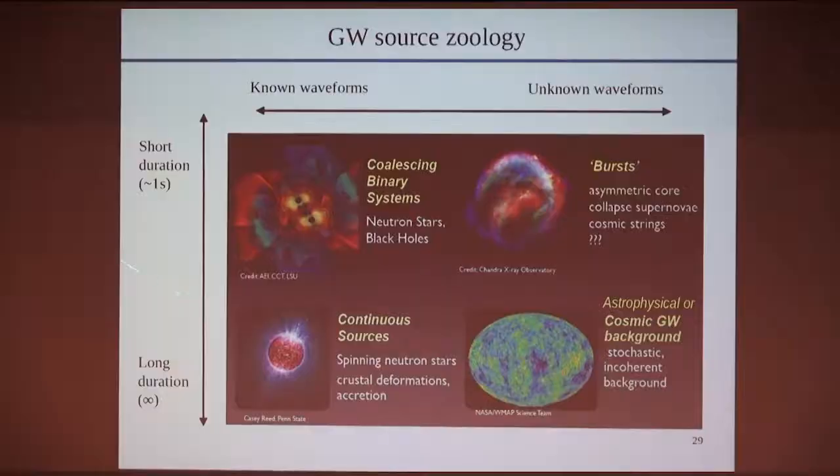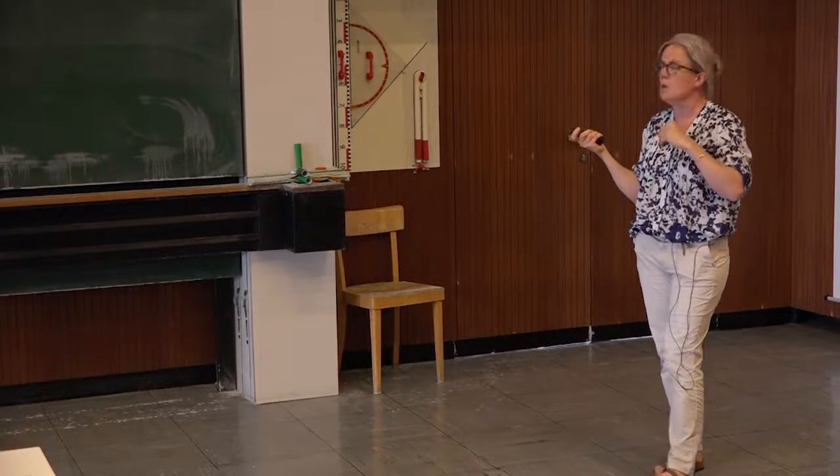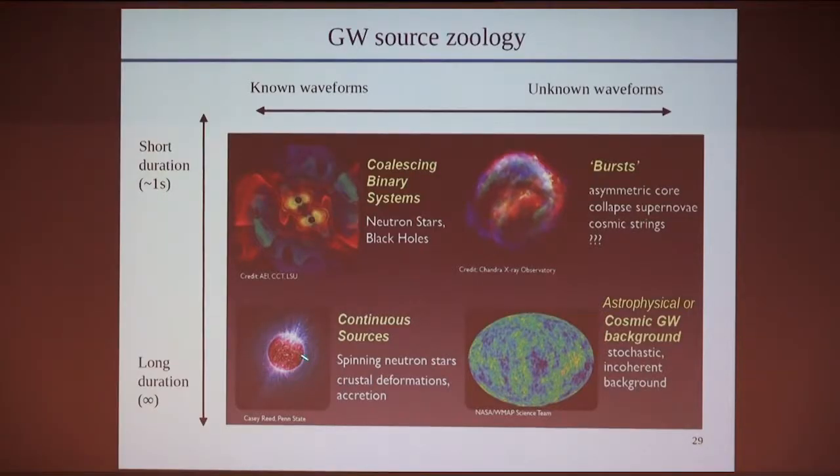In that case, the source is continuous, and it's well known. It's just a sinusoid, so the waveform is known. The point is that you don't know the parameters of the source, so it's not so easy.